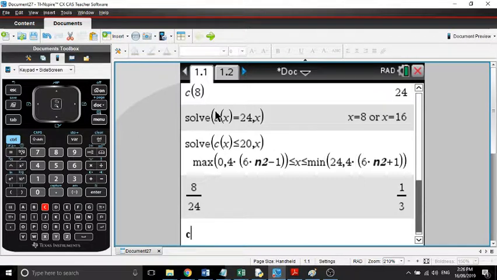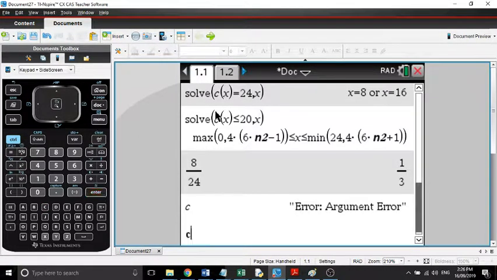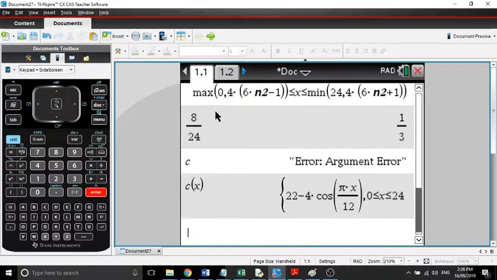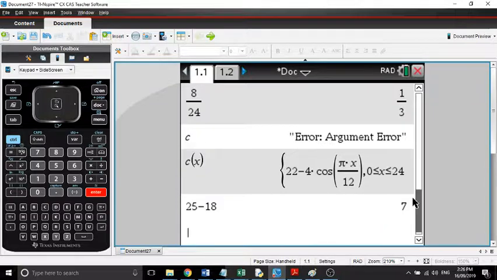Let's define C of x as this. Now we go to 25 and the minimum doesn't change, so the minimum is 18. We're going from 18 to 25, so 25 minus 18 is 7, which means we have an amplitude of, sorry, 3.5.